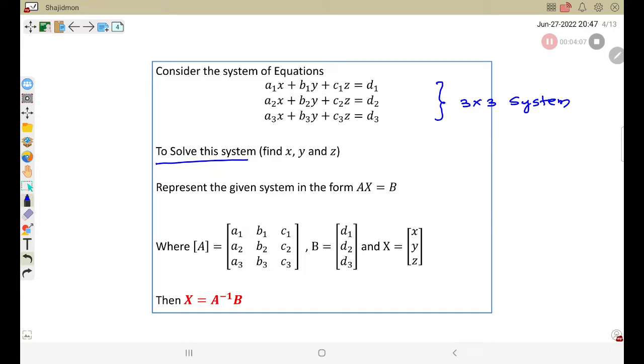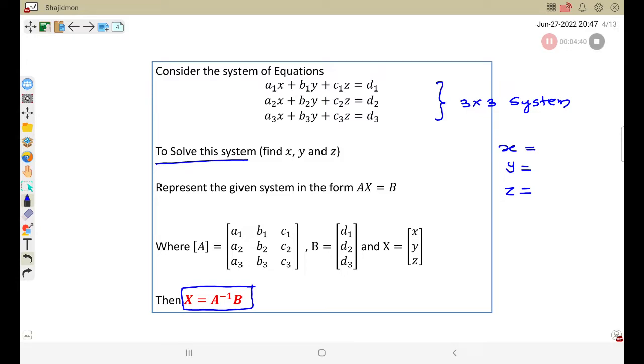Capital B is the right side number matrix, d1, d2, d3. And capital X is the values we need to calculate, x, y, z. This is the capital X matrix. Then we use the same rule, the matrix inverse method, X equal to A inverse multiplied by B. We need to calculate A inverse of a 3 by 3 matrix, which we studied in section 5.5. Use that, find A inverse, then calculate the solution of the equations.